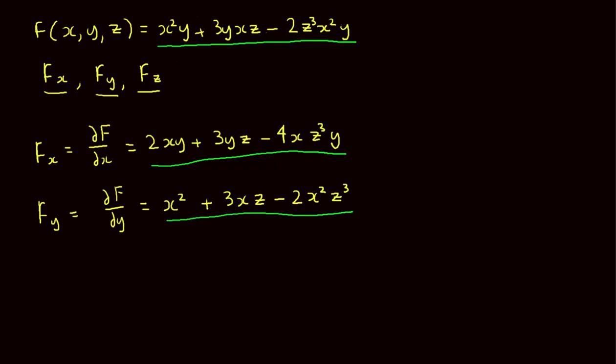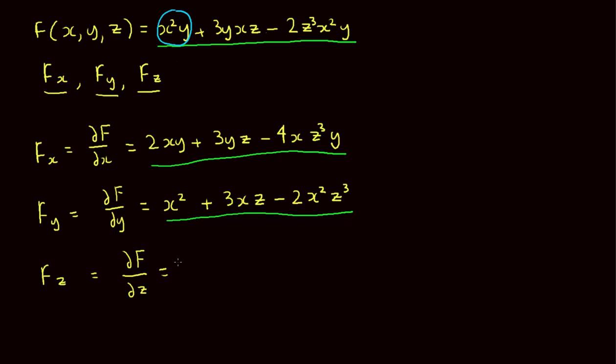So that is your partial derivative with respect to y. Now for fz, I'm going to write it right here. It is simply del f over del z. When we are differentiating with respect to z, the x squared y is just a constant, so it's going to be 0 in this case, and we ignore it.